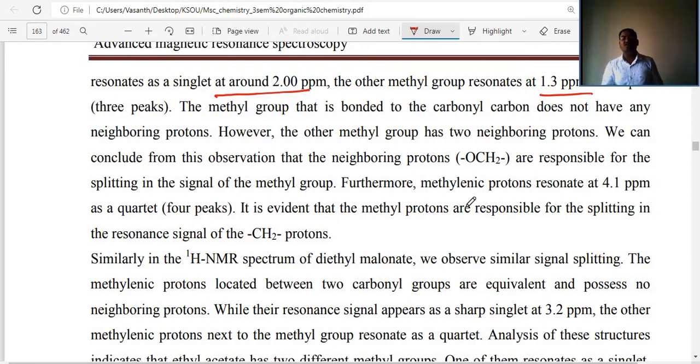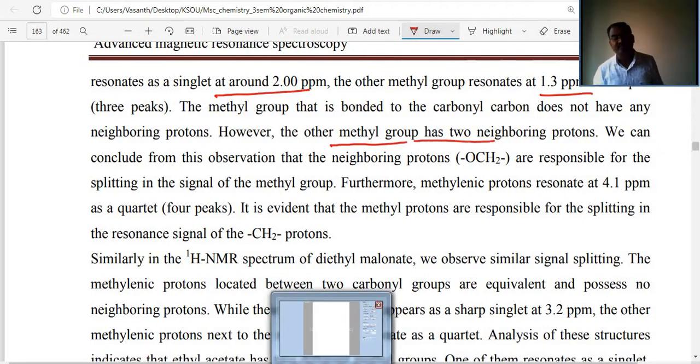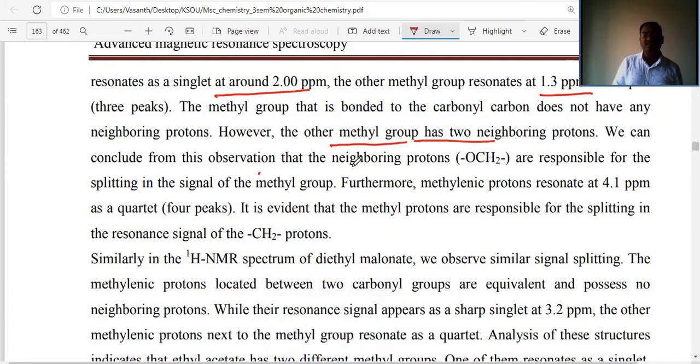The other methyl group has two neighboring protons. We can conclude from this observation that the neighboring protons are responsible for the splitting in the signals of the methyl group.